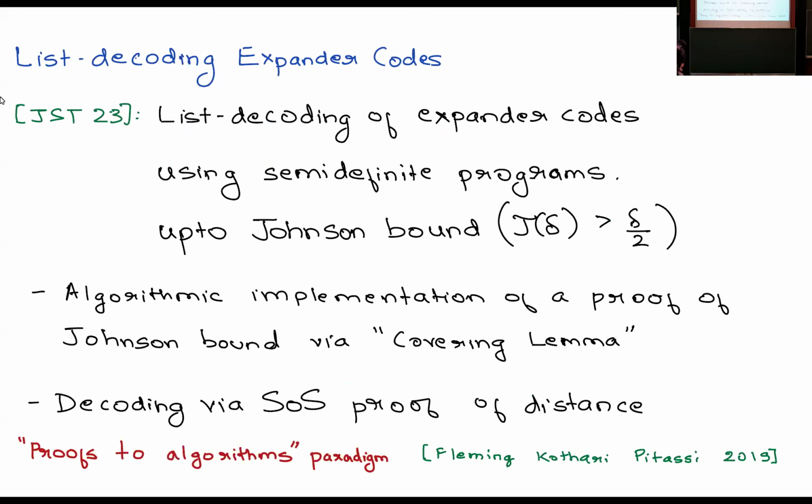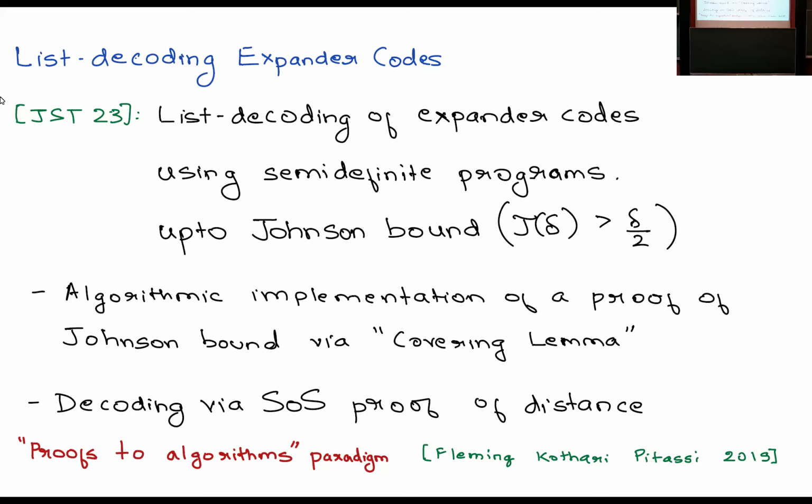So the result I want to talk about is an algorithm for list decoding these codes, and really a framework which applies more broadly. You can decode all the way up to the Johnson bound, the point where we do know that the list size is bounded. It is basically an algorithmic implementation of a proof of the Johnson bound.